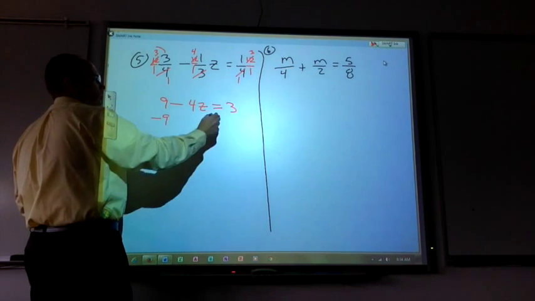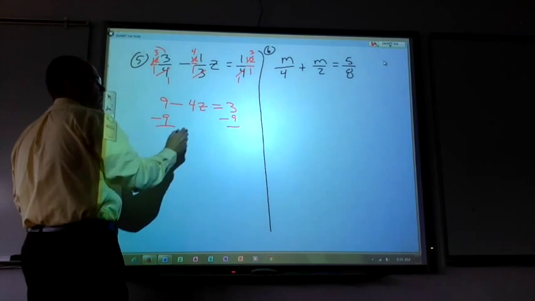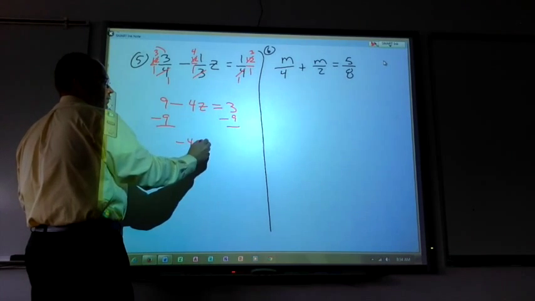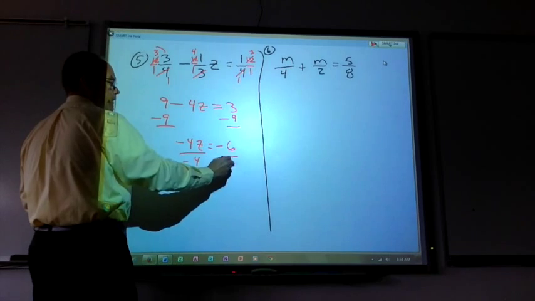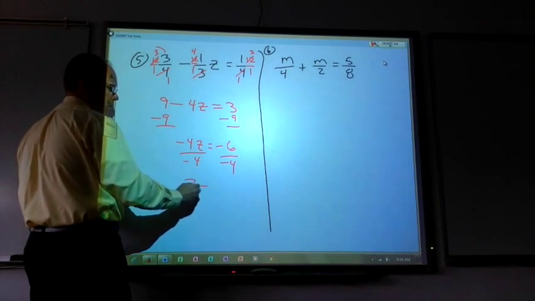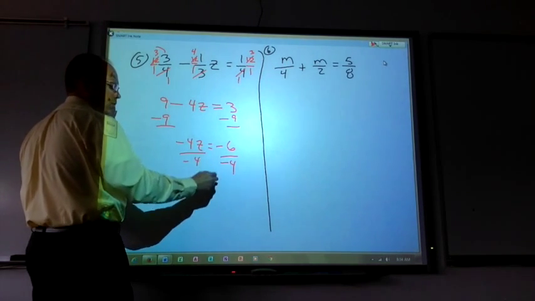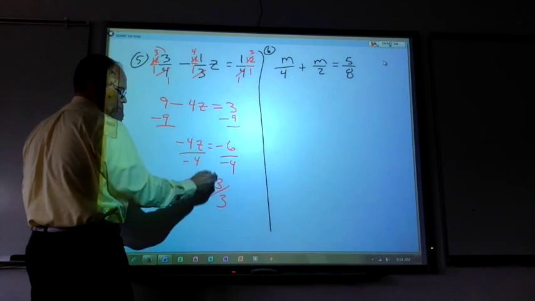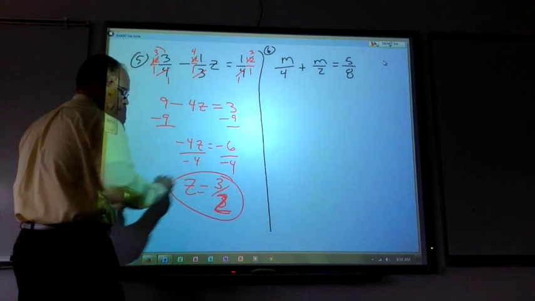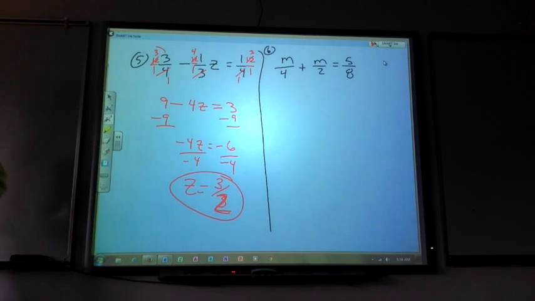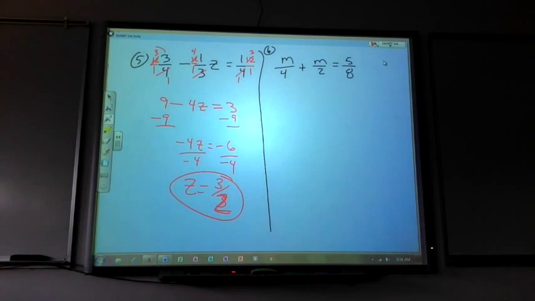And then that's just a traditional. Negative over negative is positive, and 6 over 4 reduces, 2 goes into both, 3 over 2. Make sense?